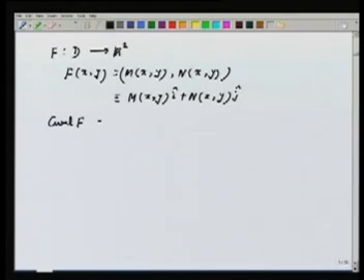Well, curl F means just the value of this determinant: i, del x, m; j, del y, n; k, del z, 0.